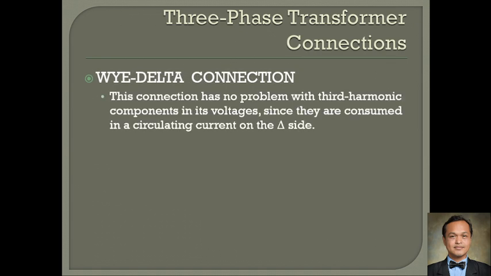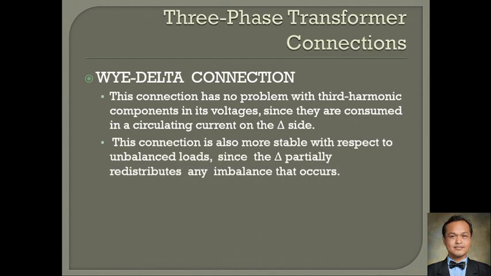This connection has no problem with the so-called third harmonic components in its voltage, since they are consumed in a circulating current on the secondary side, the delta side. This connection is also more stable with respect to unbalanced loads, since the delta partially redistributes any unbalance that occurs in the system.